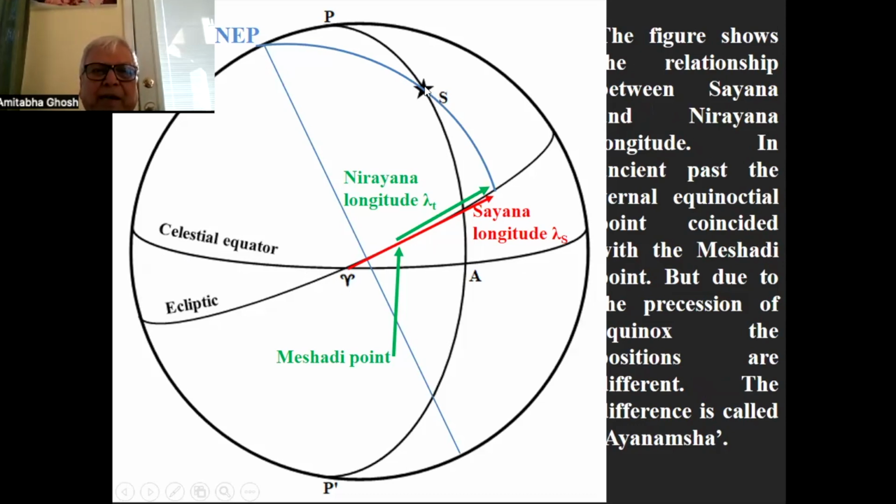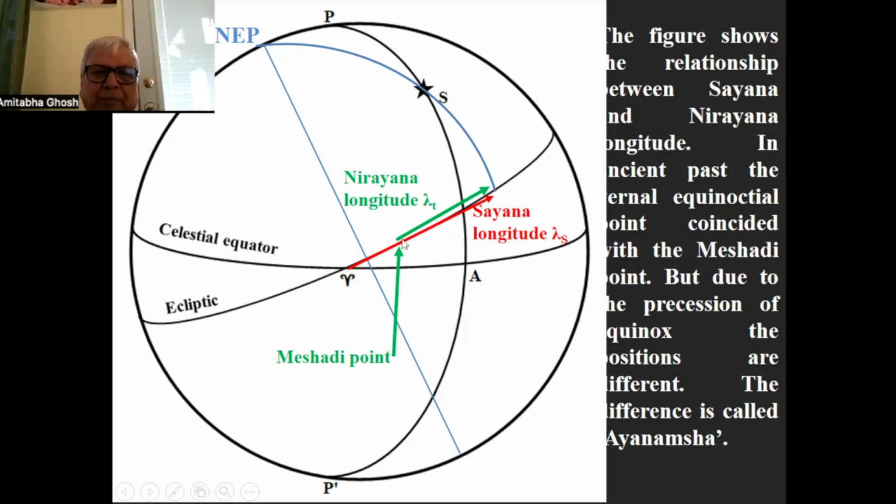So if an object is here, the longitude will be from here, this angle, lambda. This will be lambda s, which is the Sayana longitude. And this is the beta. Beta is the same in both cases because it is measured from the ecliptic.